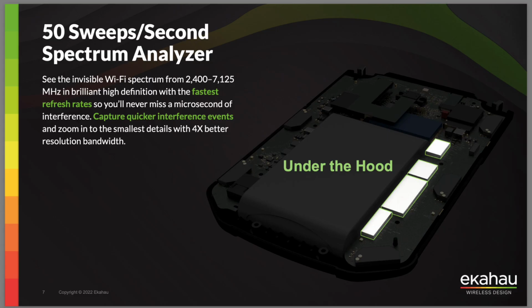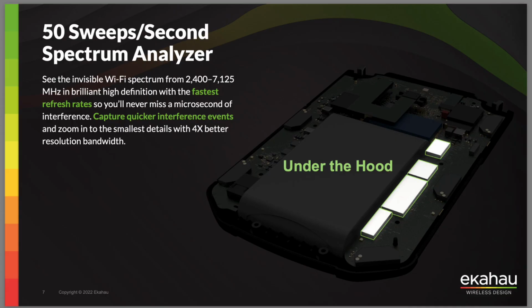Next is the spectrum analyzer. So we have a spectrum analyzer built in, which runs from 2400 megahertz to 7125 megahertz, which is basically in the same vicinity as the 2.4, 5, and 6 gigahertz radios.